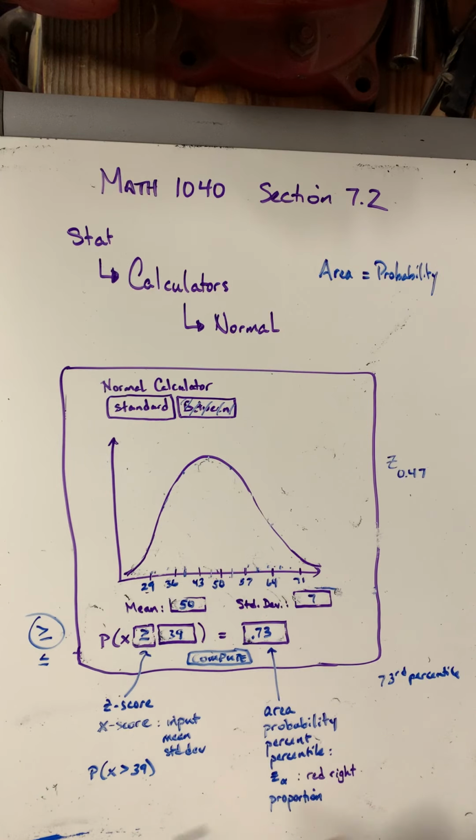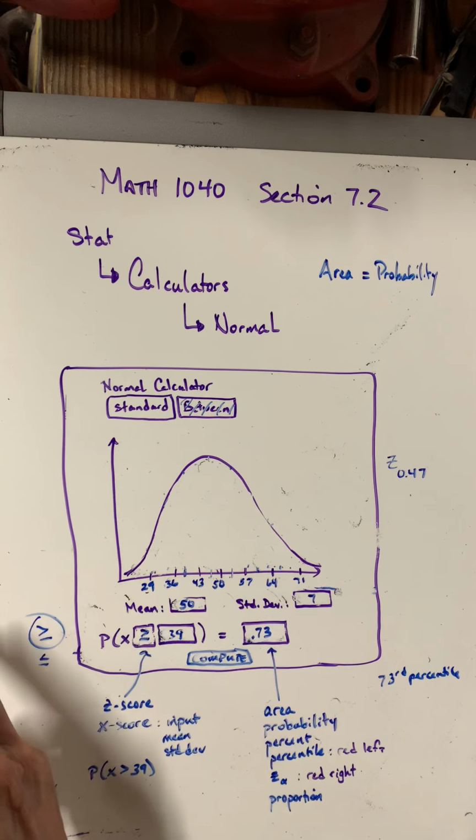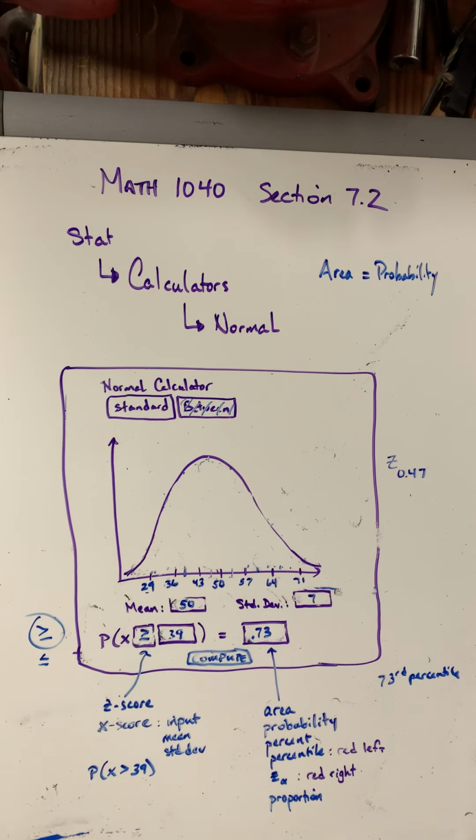Percentile is always shaded on the left because remember, percentile means you did better than 73% of the people before you, right? So that would be shaded left. So jot these down, remember these, and it'll help you keep everything organized and straight.